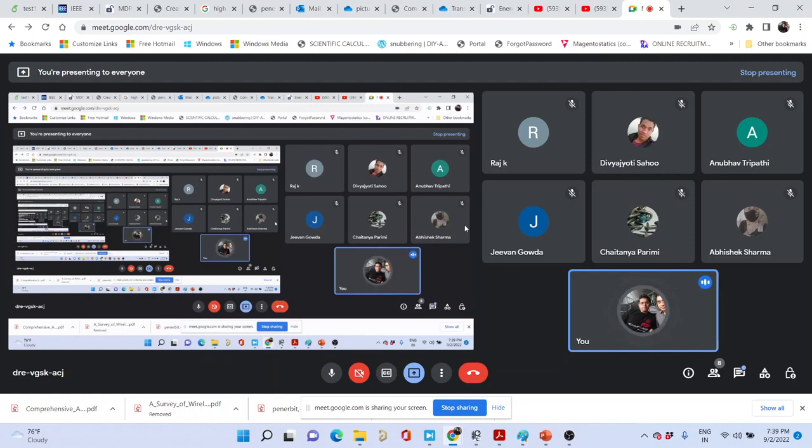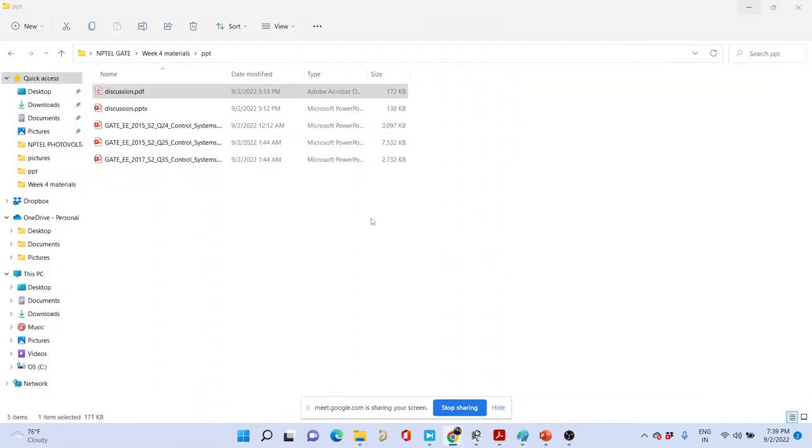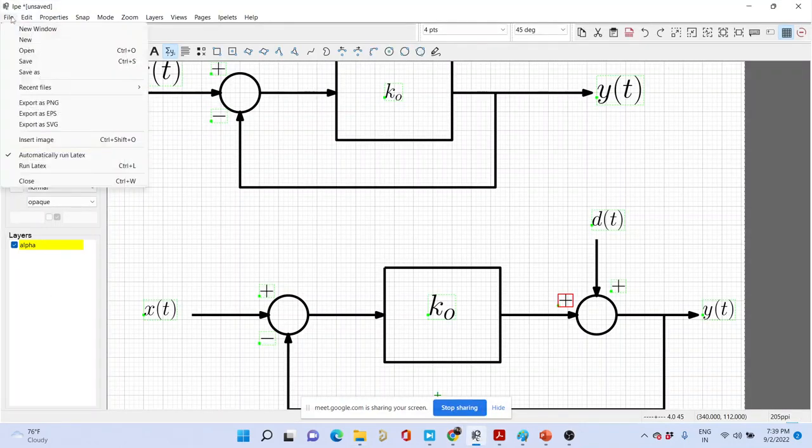Anti-wind-up is not required for you as of now, but there are several other problems which the PI controller has. So the problem that you will face with the PI controller is, let me draw something. I use this software for drawing.